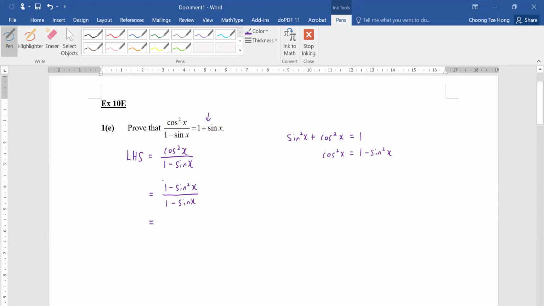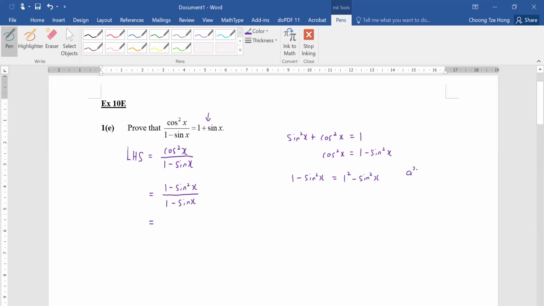This is where you need to be aware of the numerator. What kind of expression is this? If you realize that what we have here is 1 minus sine square x, 1 can always be expressed as 1 square, so 1 square minus sine square x. Here you should realize that the numerator is in the form of a square minus b square.